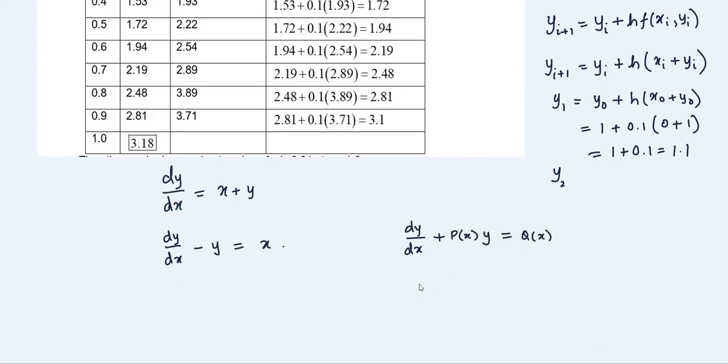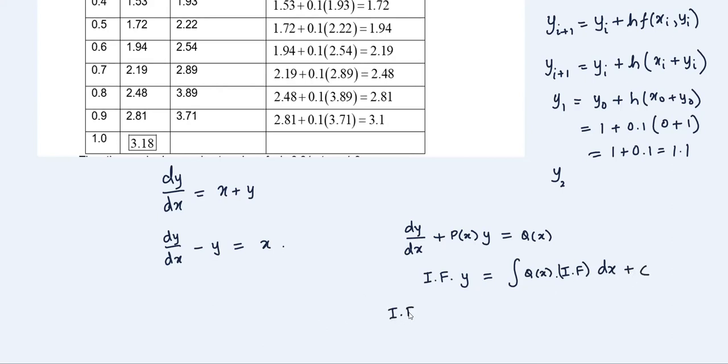What is the solution? Integrating factor times y is equal to integral of q times the integrating factor dx plus c.